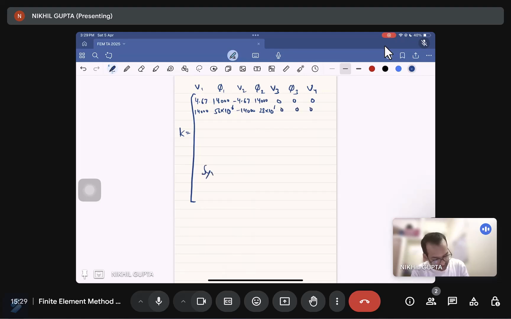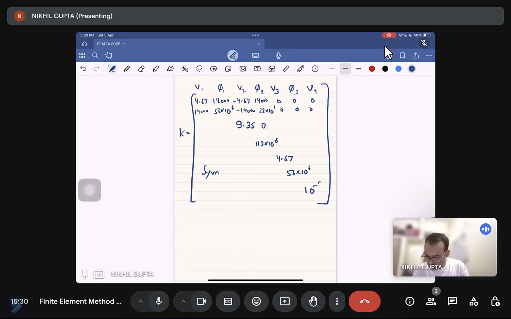I write this as symmetric, and it starts giving you the diagonal terms: 9.35, then 112 into 10 power 6, then 4.67, then 56 into 10 power minus 6, and 10 power minus 2. You close the bracket and fill the other terms as well.